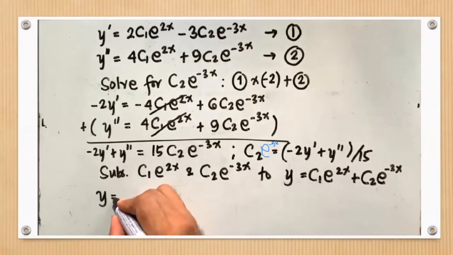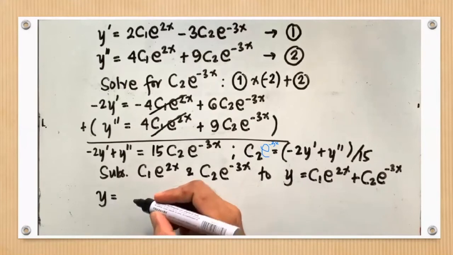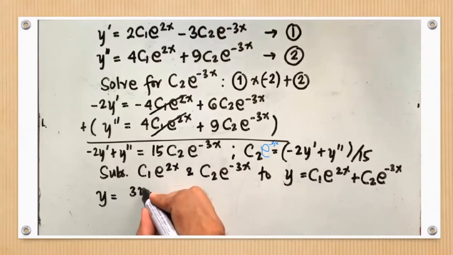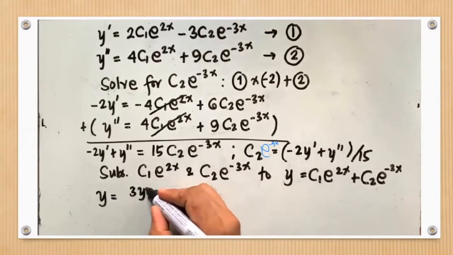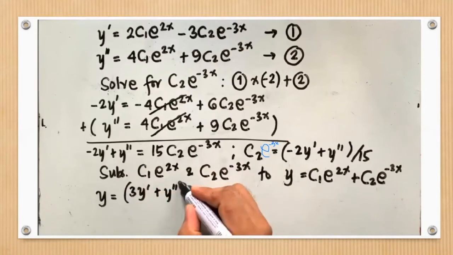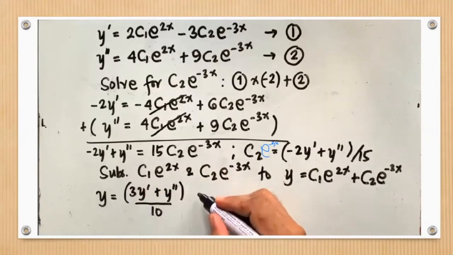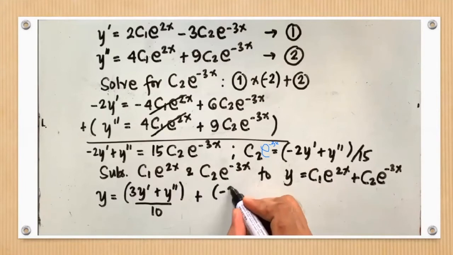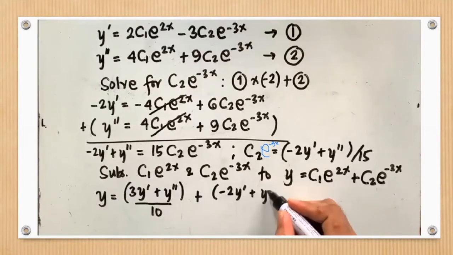So we have y equals, what's the value of c sub 1 e raised to 2x? If you recall, that's 3y prime plus y double prime, all over 10. And then the value of c sub 2 e raised to minus 3x is minus 2y prime plus y double prime all over 15.